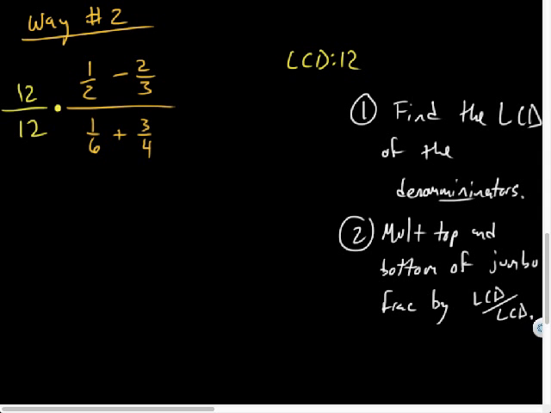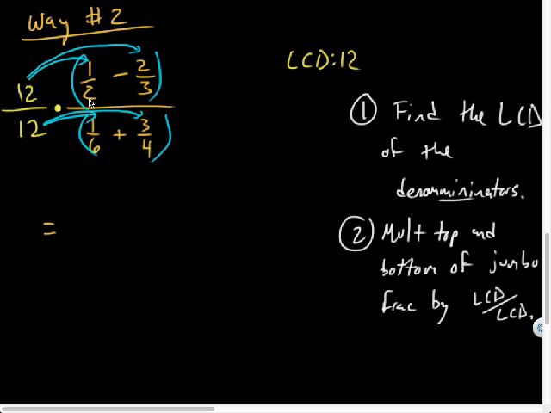So let's actually multiply this out. In doing so, this whole numerator is going to be multiplied by 12, and this whole denominator is going to be multiplied by 12. All right, so let's see what happens. So equals. Now, I like to try to be clever. Let's see, 12 times 1/2.